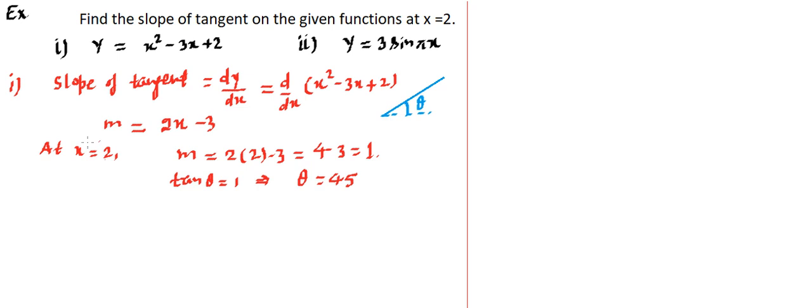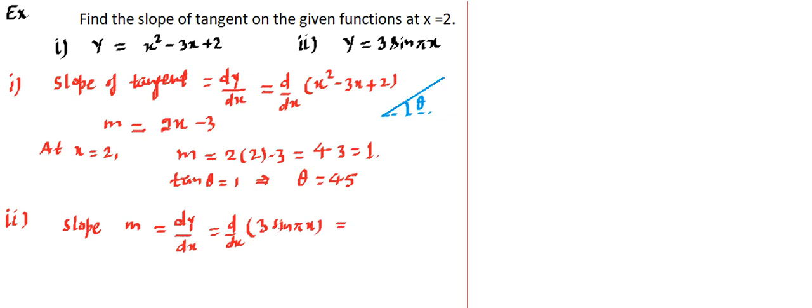And if we want to solve the second part, we can carry it out in a very similar fashion. So you can pause the video, solve, and then check your answer. Here again, slope means slope of the tangent. So the slope of the tangent, let's say m, is equal to dy upon dx. First we are going to find this dy upon dx. For that we need to put the value of y, which is 3 sin pi x. 3 is a constant, we will take it out, and we differentiate the sine, so it's going to be 3 cos pi x.